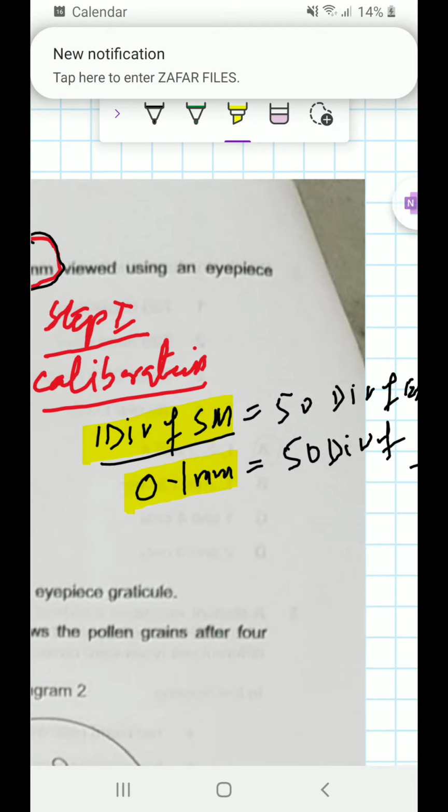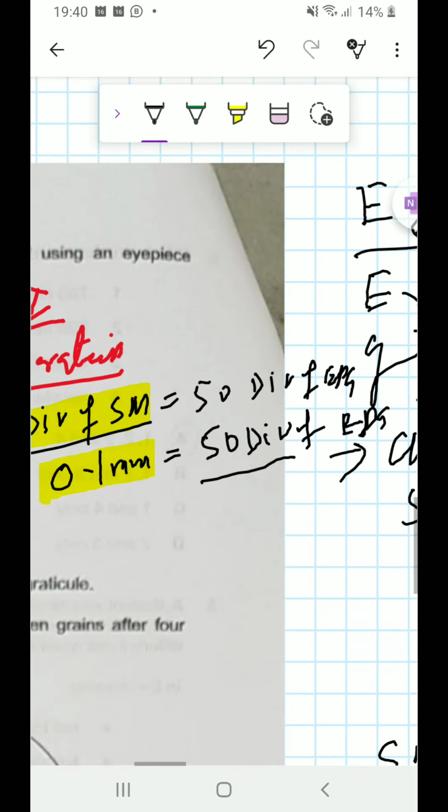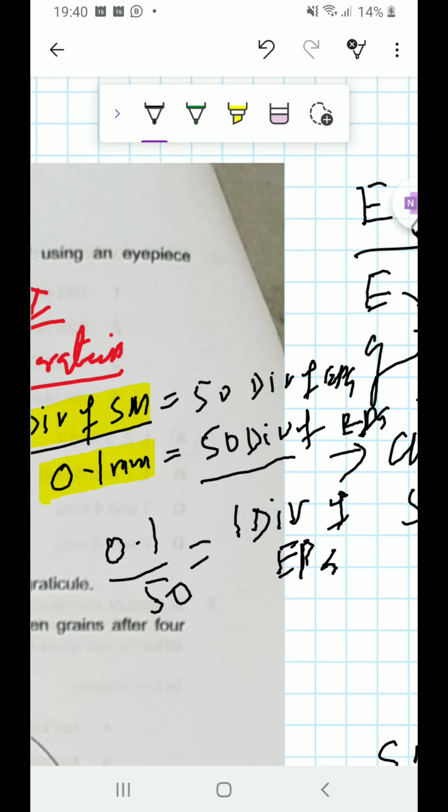Now we need to calculate in millimeters how long one division of EPG is. One division of EPG would be equal to 0.1 over 50 mm.